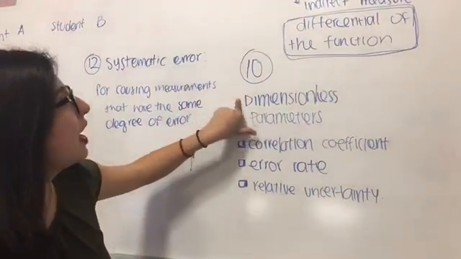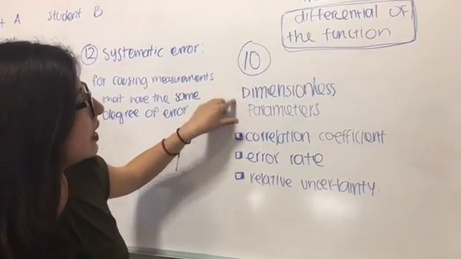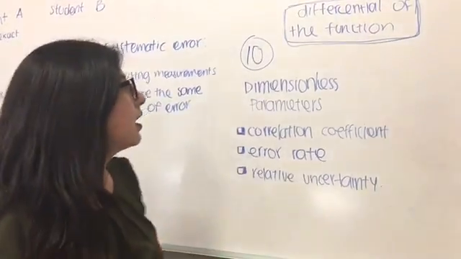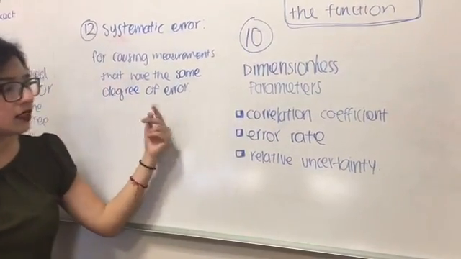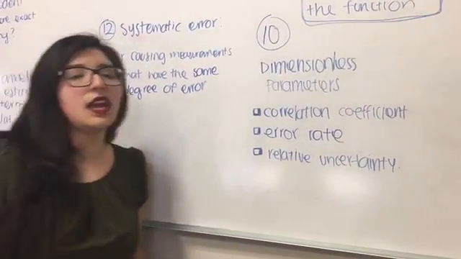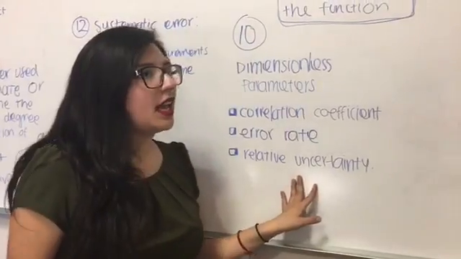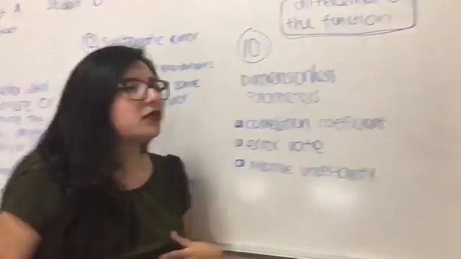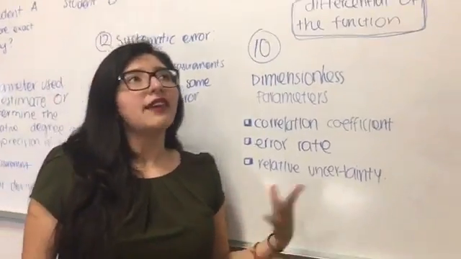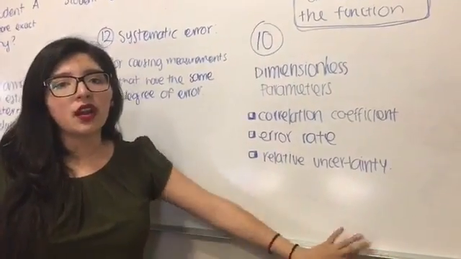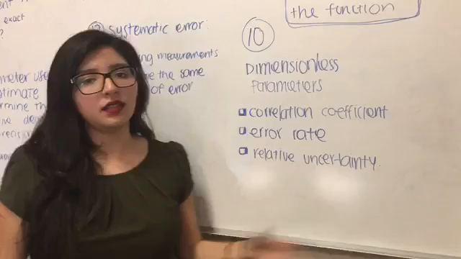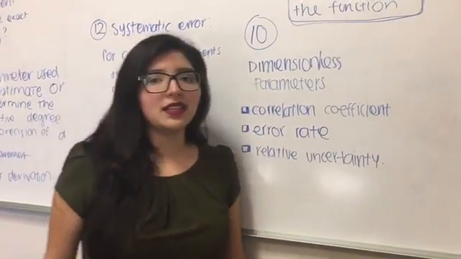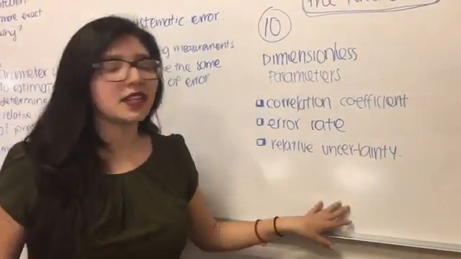In question 10, the dimensionless parameters are the correlation coefficient, the error rate, and the relative uncertainty. This means that they don't really have units, but in all the process that we used to calculate them, in the end the units get eliminated, so that's why apparently they don't have any type of unit.